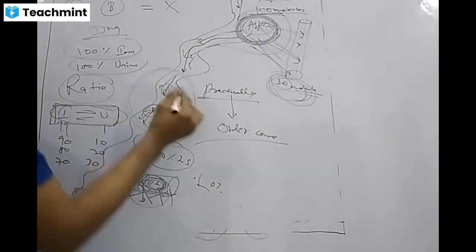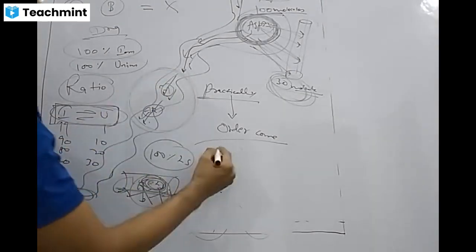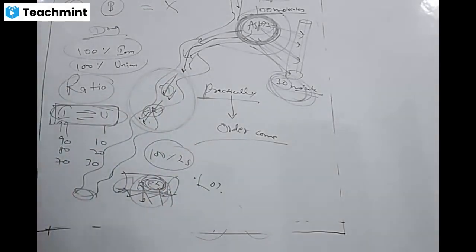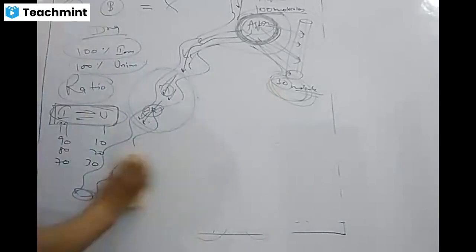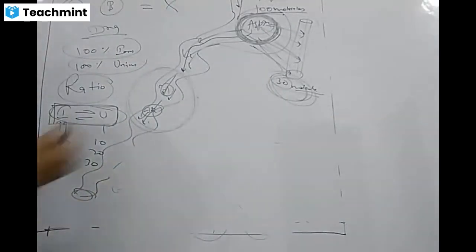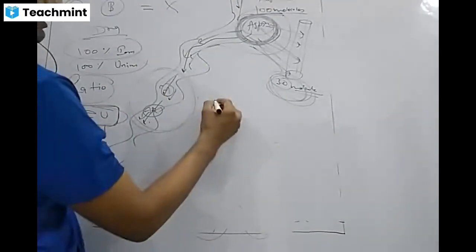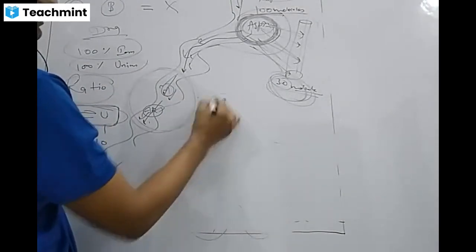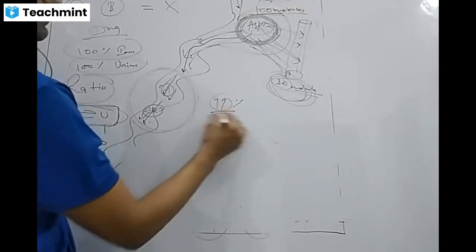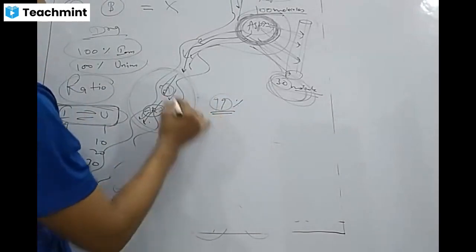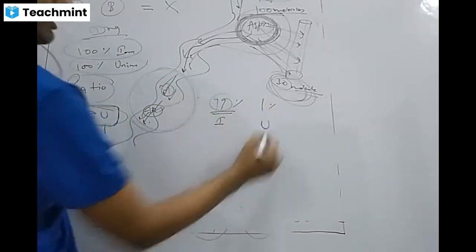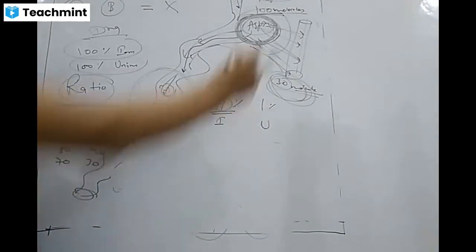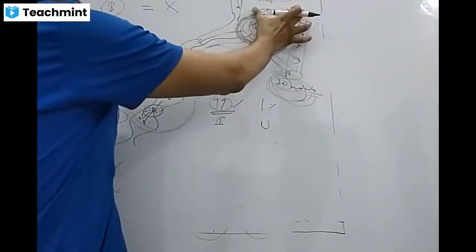Now suppose aspirin has entered into the intestine. Suppose 99% is ionized and 1% is unionized. We administered 100 molecules.